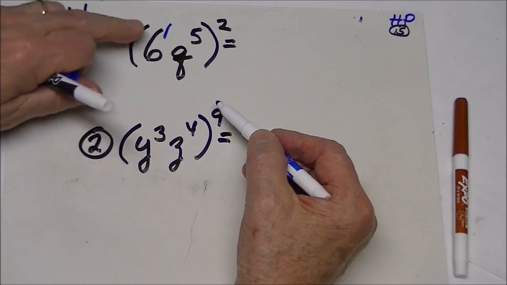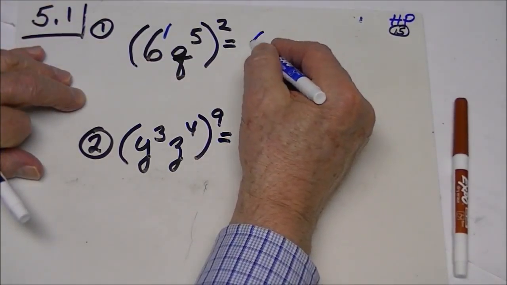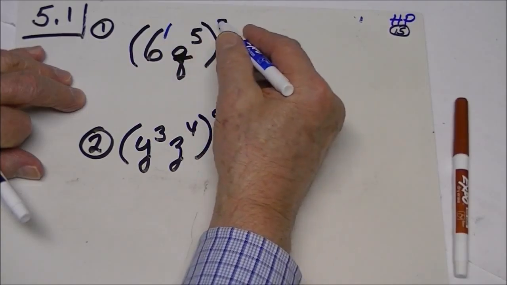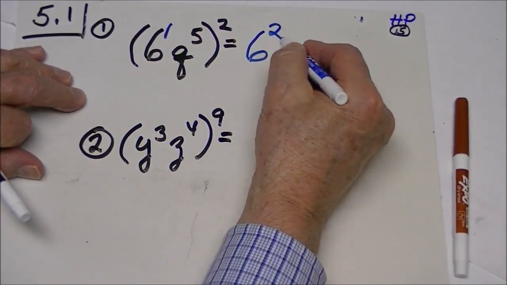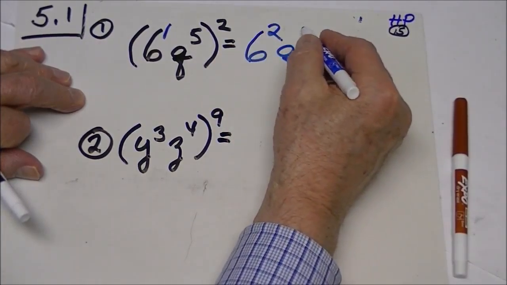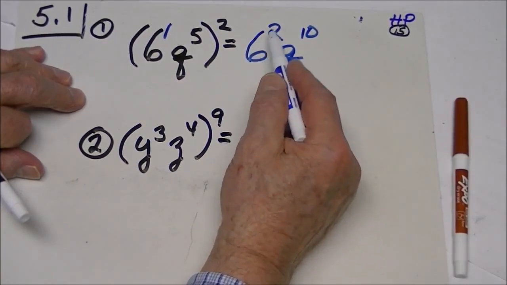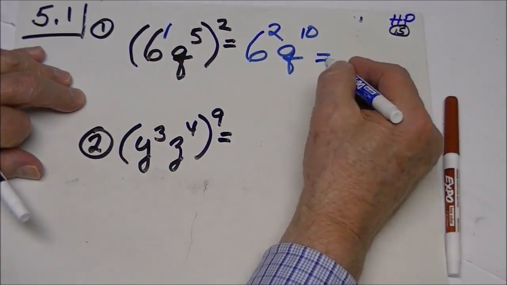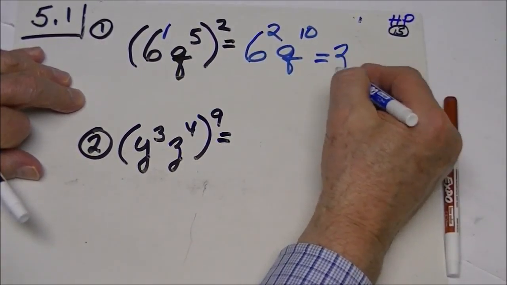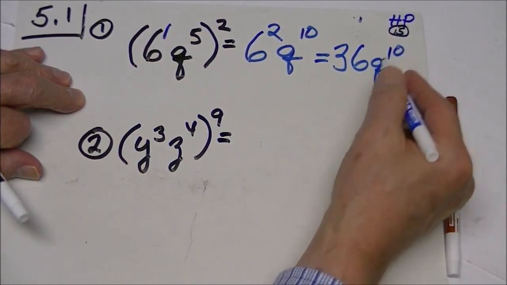Keeping in mind there is a 1 on the 6, so this would become 6, 1 times 2 is to the 2nd. Q to the 10th. But they would like that simplified. This will then be 6 squared is 36. Q to the 10th.